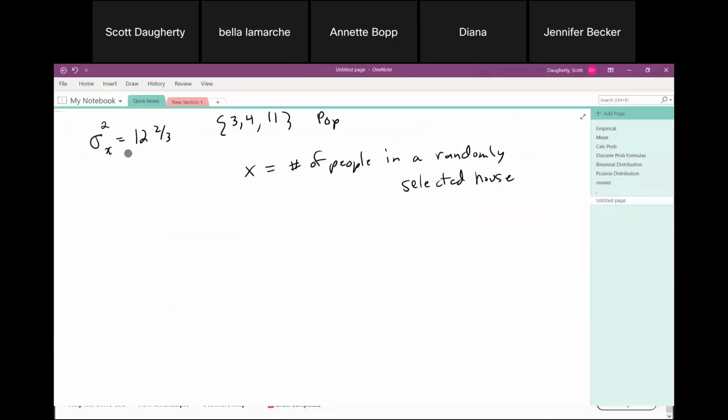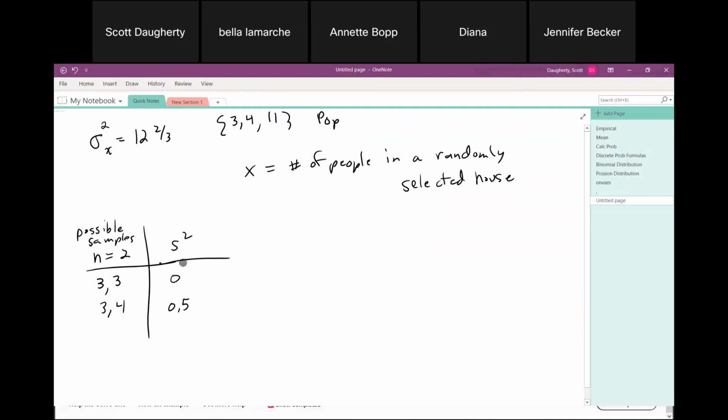Now this is the all-knowing perspective. If you're trying to estimate this, you would be sampling 2 at a time with replacement. The only thing you're going to know from your possible samples of size 2 is the two numbers that you get. And they listed them for us: 3, 3 would give us 0, 3, 4 was 0.5, and so on.